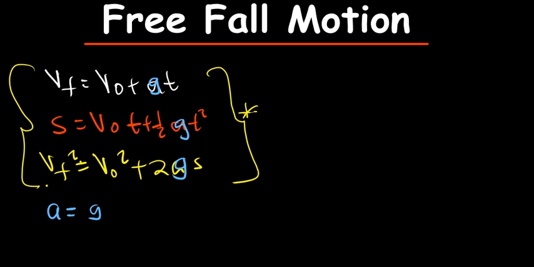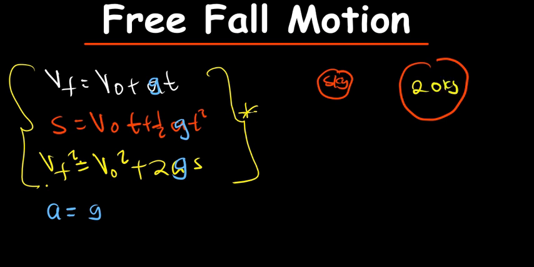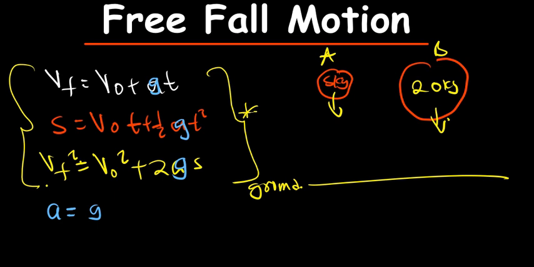If I have an object with a mass of 5 kg, and another object with a mass of 20 kg, and here is the ground, and you throw them at the same time, or let me say with the same velocity, between object A and object B, which one do you expect to reach the ground first? The 20 kg. Why? It's heavier. Okay.